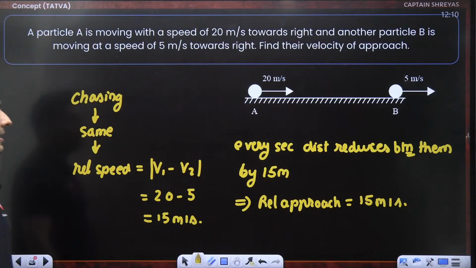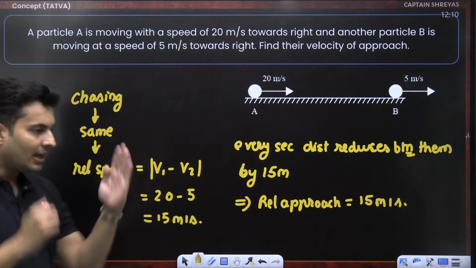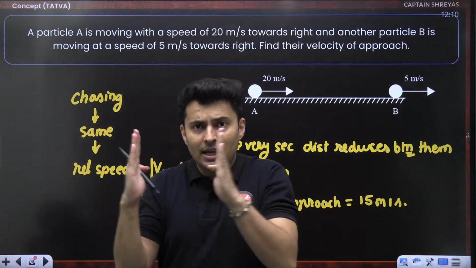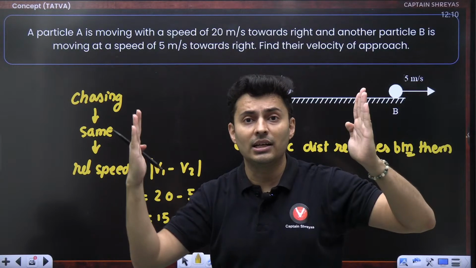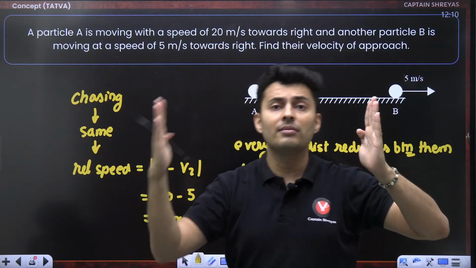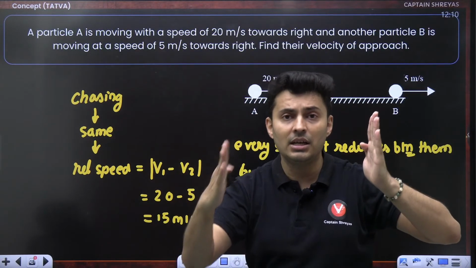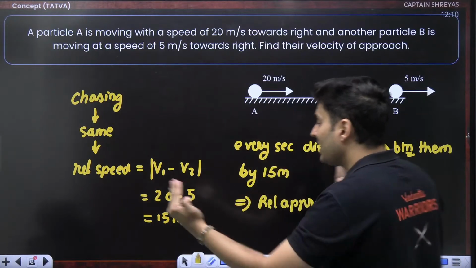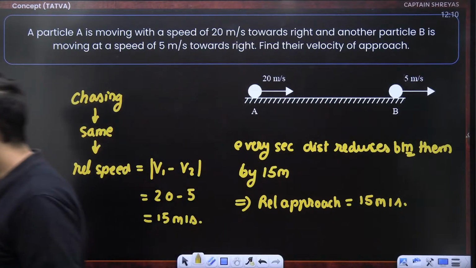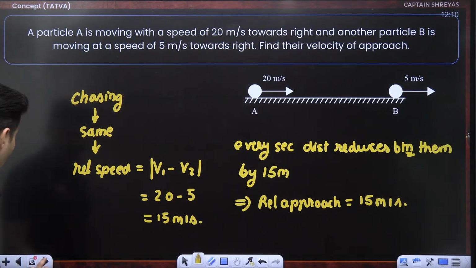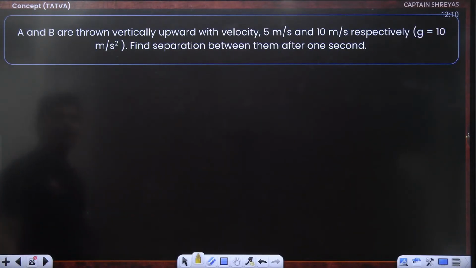Every second, whatever the distance between B and A is, if it is 100, it will be reduced by 15. It will become 85. That 85 will then become 70. That 70 will then become 55. Every second, that's what the distance reduces. Is that clear? Everyone with me? Awesome. Moving on to the next question.